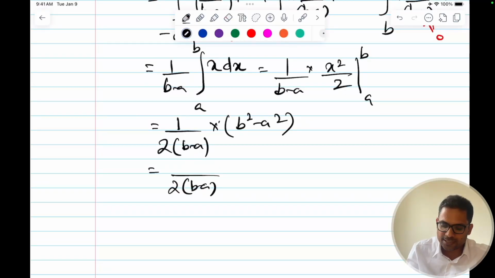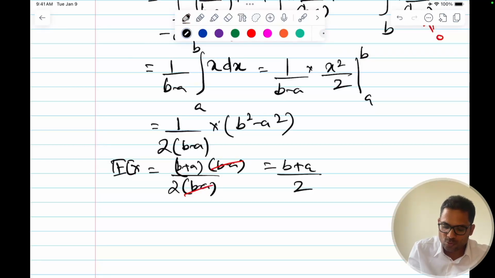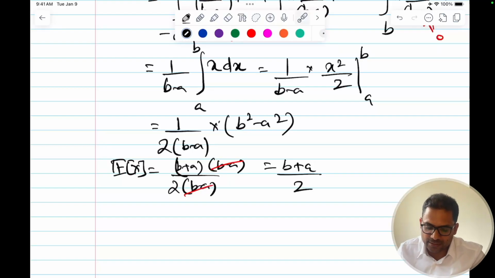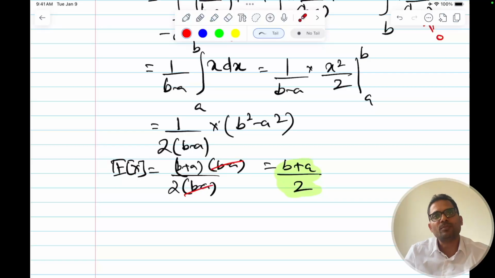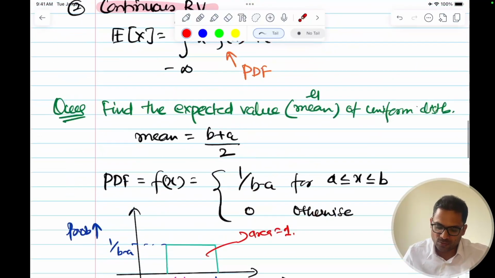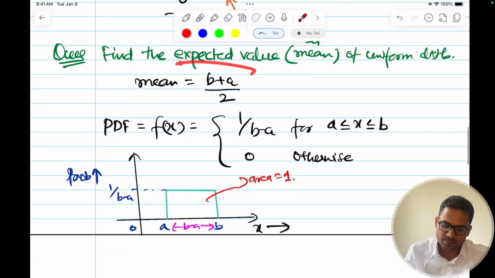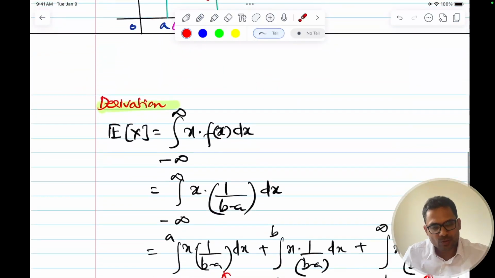Can we write b square minus a square as b plus a into b minus a? Now b minus a cancels out. What remains? This is equal to b plus a by 2. So this is your expected value of a uniform distribution, and that's what we know already. So hence proved.